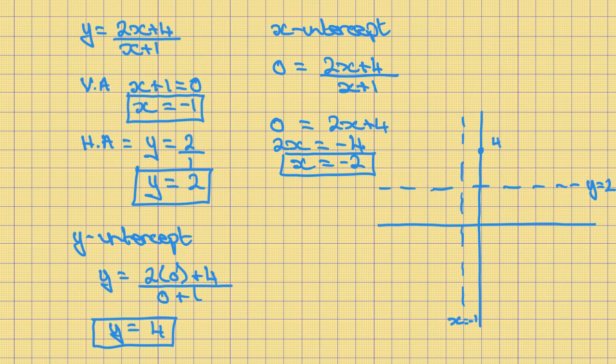We have our x-intercept at x equals minus 2. So our curves go through those points. And that is our graph of y equals 2x plus 4 divided by x plus 1.